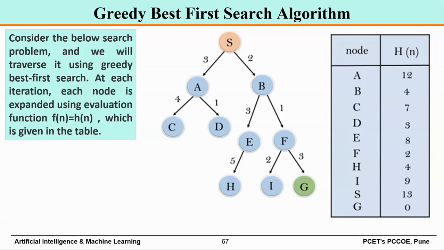Just like the previous example, this is another example where a particular path or tree is there, and here for A, B and so on, values are not given directly; they are given in tabular form, where h(n) is a heuristic value or heuristic number, and for a given node the corresponding value is given.